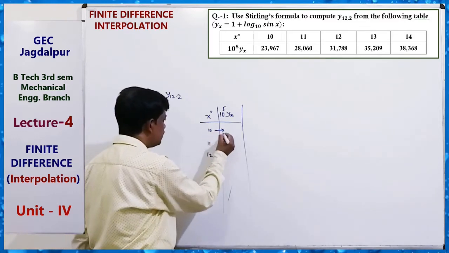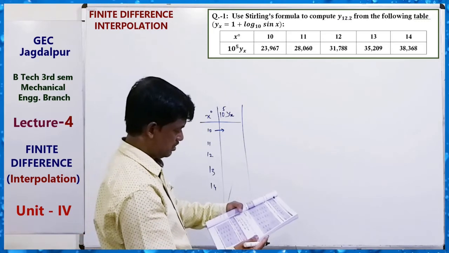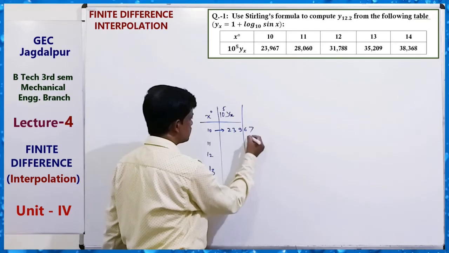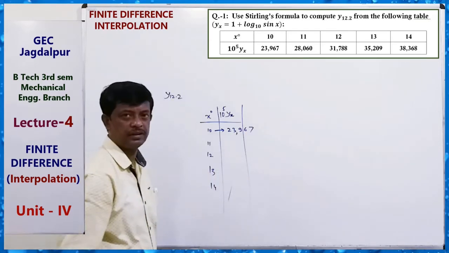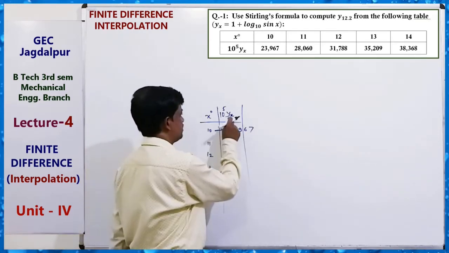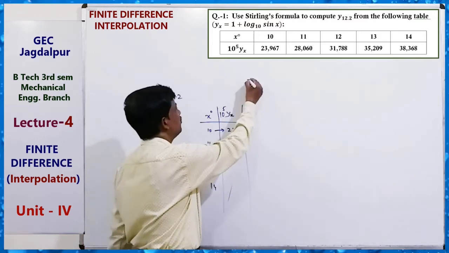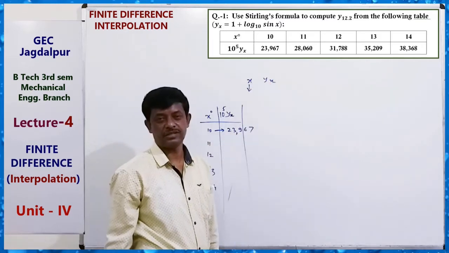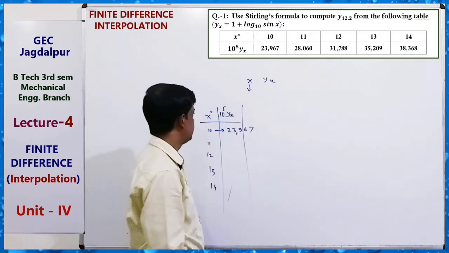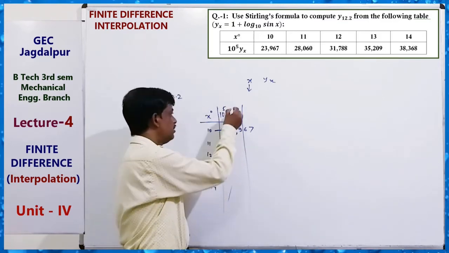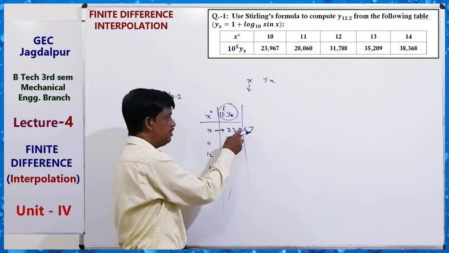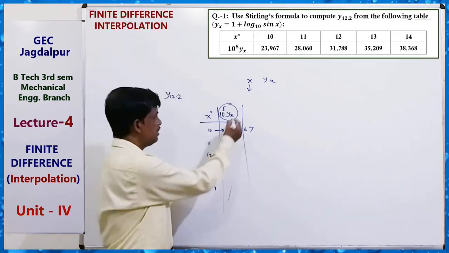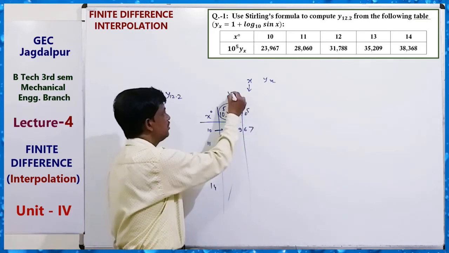Corresponding to this 10, what is given? 23967. This is given. For finding yx, because we require the value of x and yx, we divide the given value by 10 to the power 5, then we can get yx.